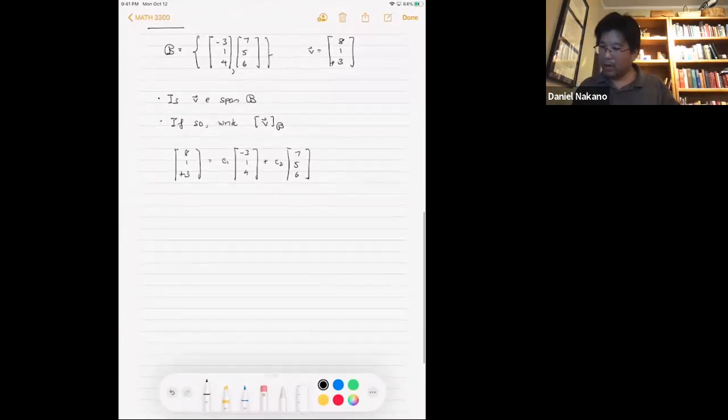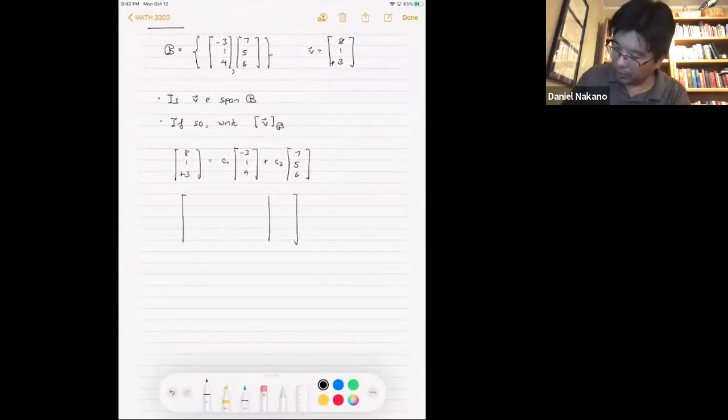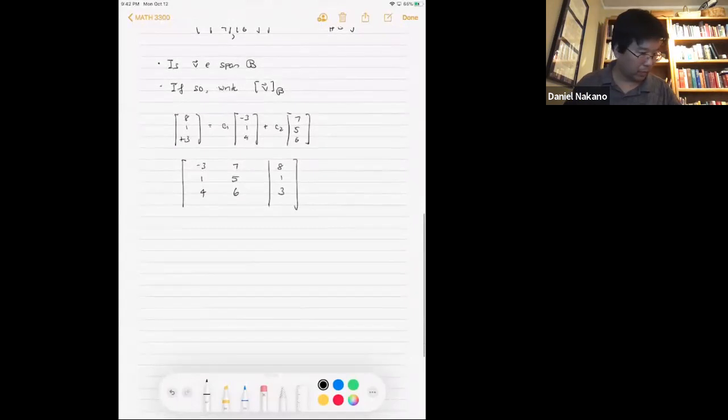Okay. All right. So in order to do this, we use Gaussian elimination. So we need to solve a system of equations, right? So we have minus 3, 7, 1, 5, 4, 6, and 8, 1, 3. So let's see what we get here.